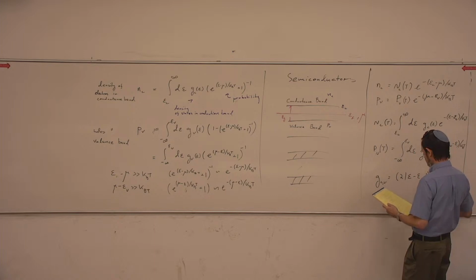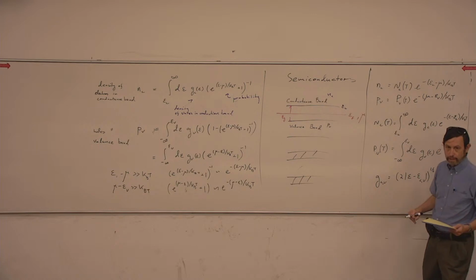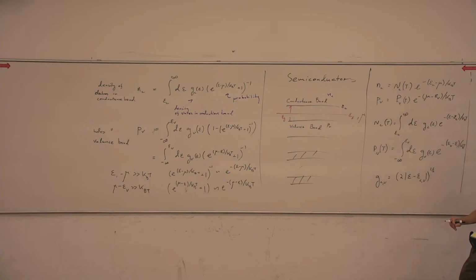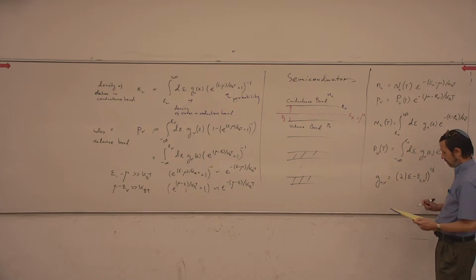Near the top of the valence band, free particles? Yeah, we discussed it in the previous lecture on Tuesday. But then when you're integrating PV, you can't say that because it's not at the top.